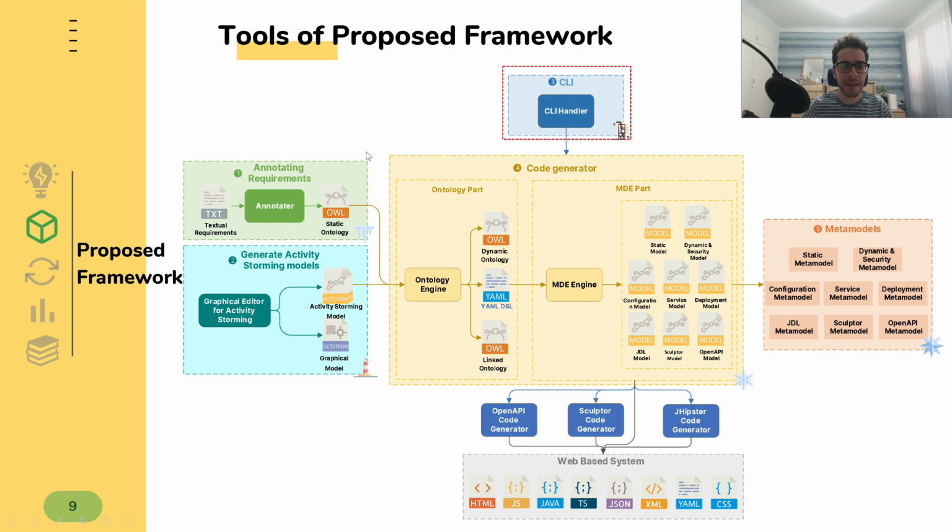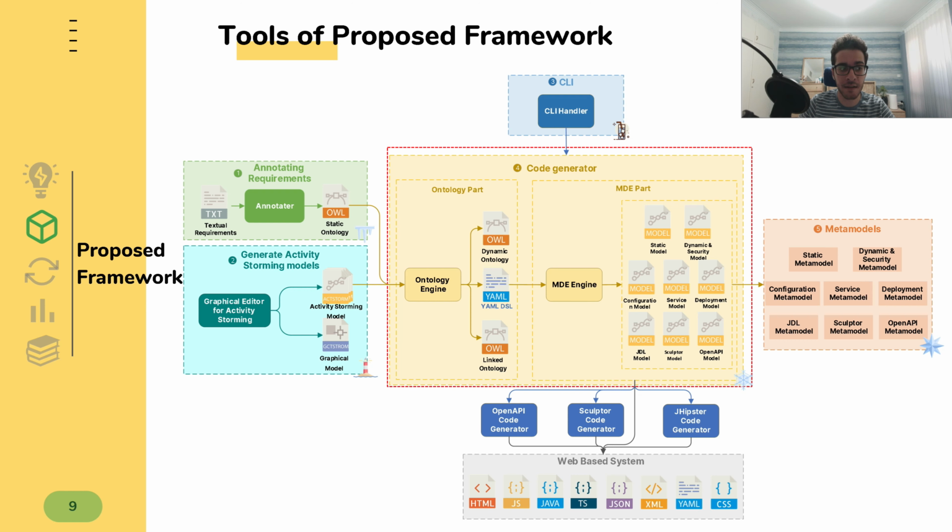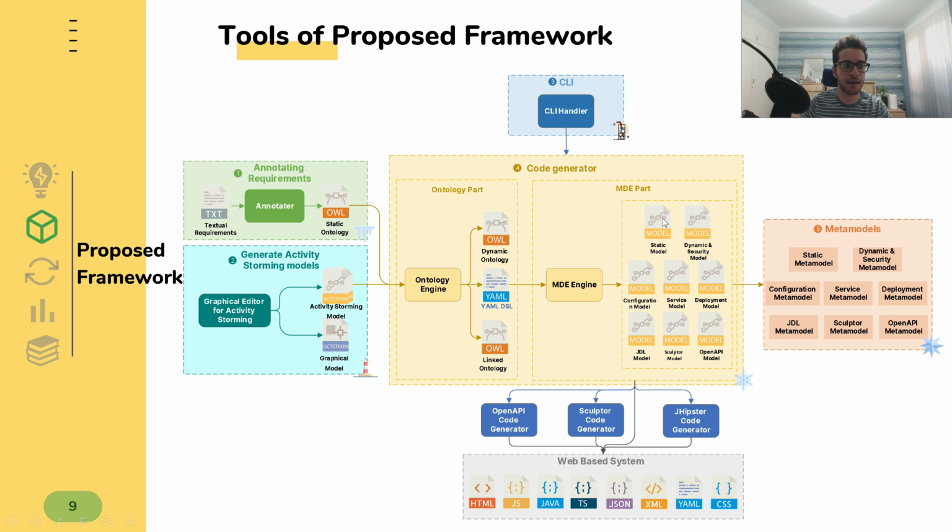Also, we developed a command line interface for the code generator, and you can use that instead of the code generator directly. The meta models are available for use in other projects.